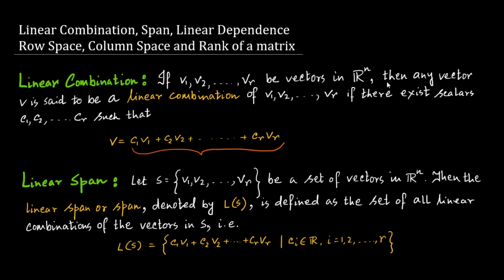Then the linear span, denoted by Ls, is defined as the set of all linear combinations of the vectors in S. That is, in set builder form, Ls is equal to the infinite set of vectors of the form c1 v1 plus c2 v2 plus etc. plus cr vr, where c1, c2, etc. cr are real numbers or constants.